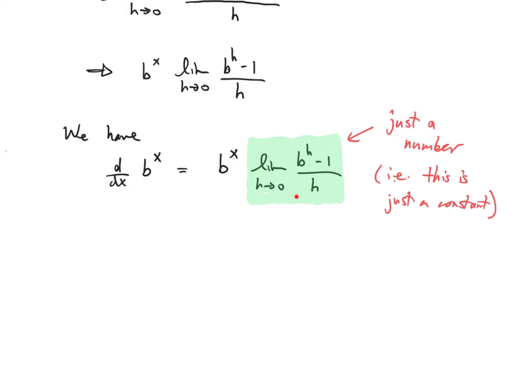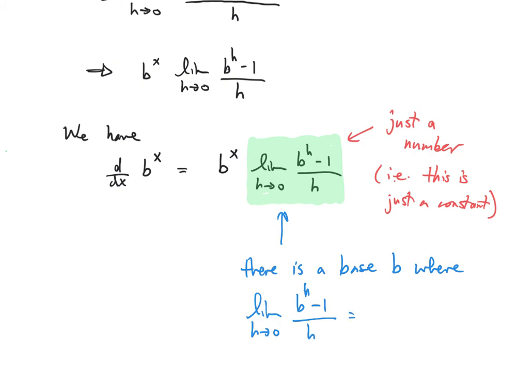And in the next video, we're going to look at a special case of this, or actually I'll just tell you right now. There is a base b where the limit as h goes to 0 of b to the h minus 1 divided by h is equal to 1.